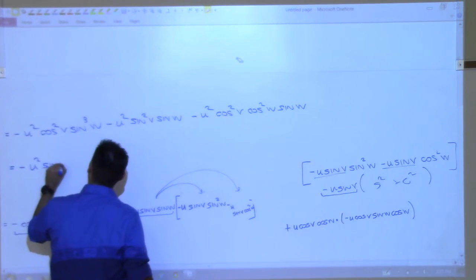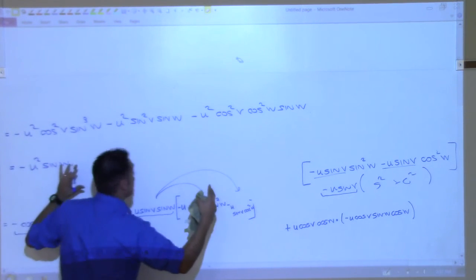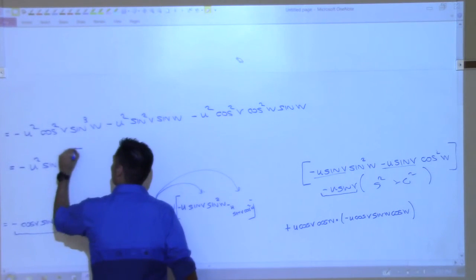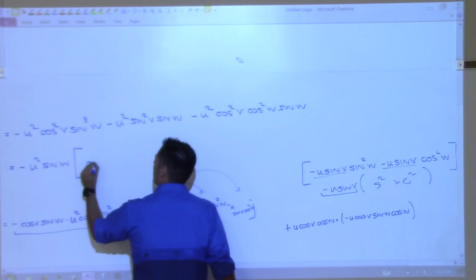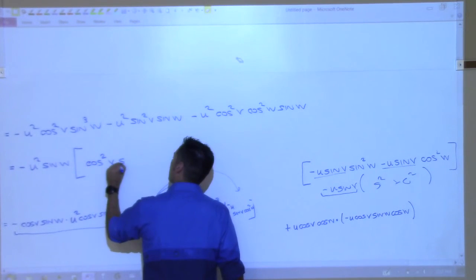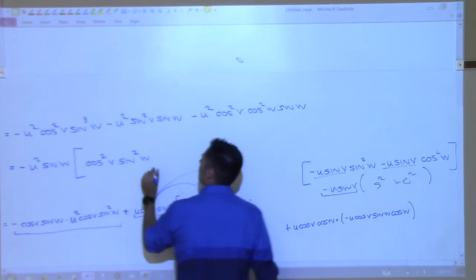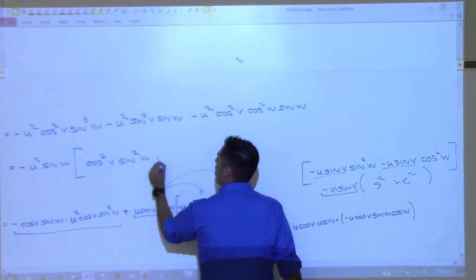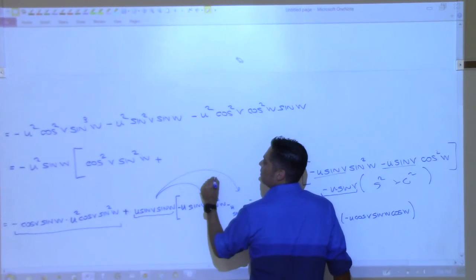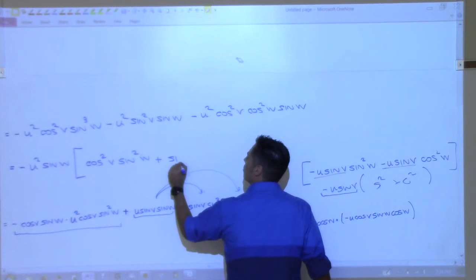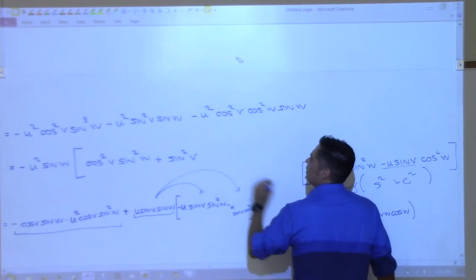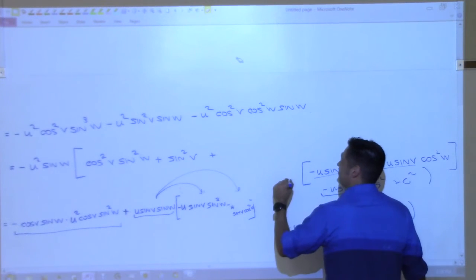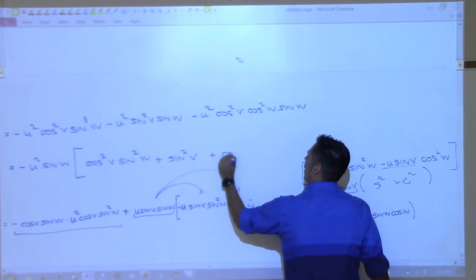It's a little easier when you're sitting back and I'm not, like right here, I'm trying to do this. Okay, so that, and what's left here? Cosine squared v sine squared w. And then plus, because we pulled a negative out, sine squared v plus cosine squared v.